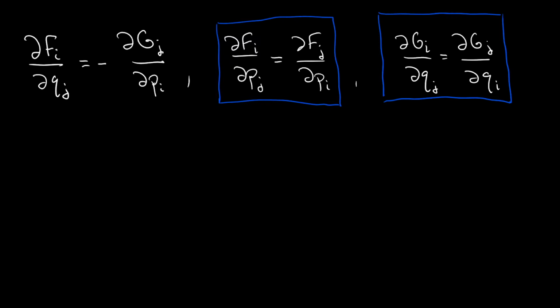So this essentially tells me that these derivatives are symmetric in their indices. That's how we say it. So I can replace the index of this vector function and flip it with the index on the derivative, and I get this exact same thing.